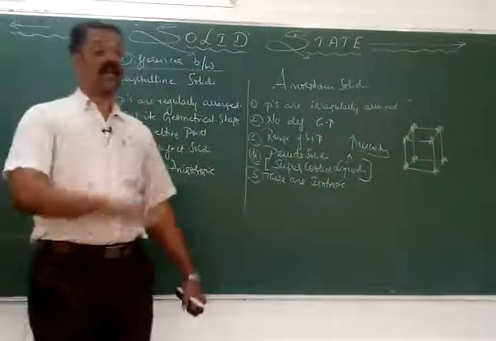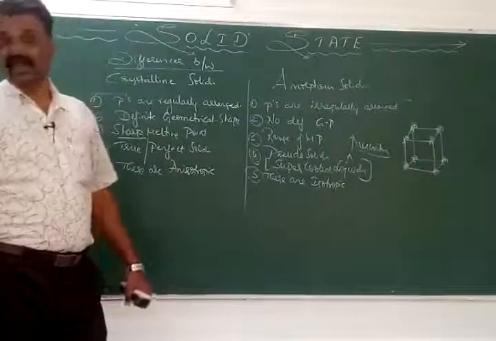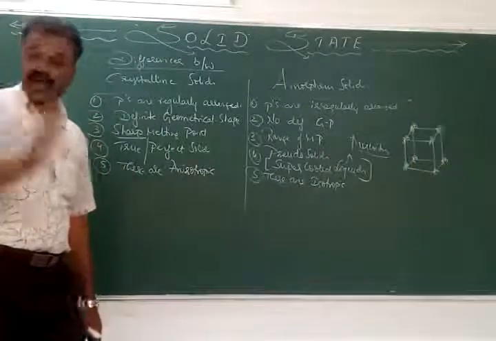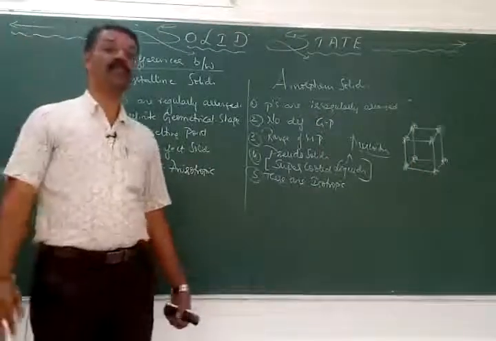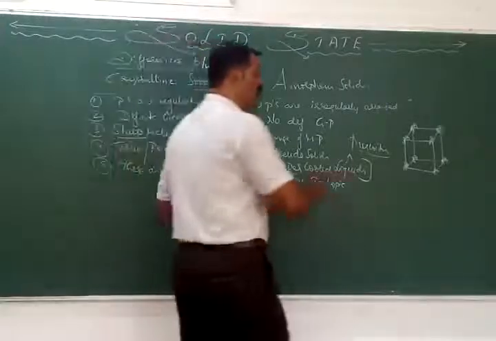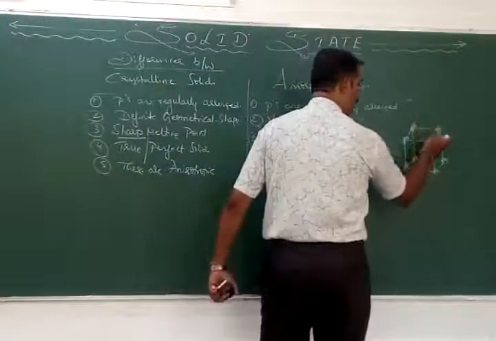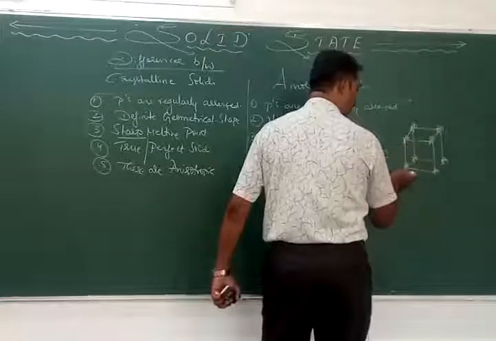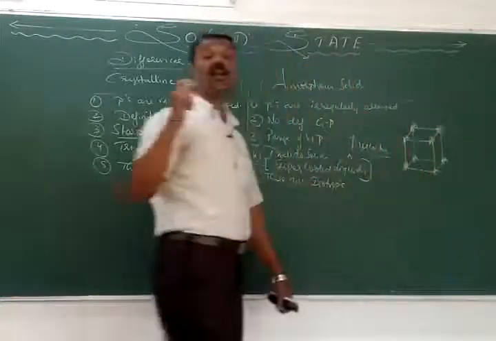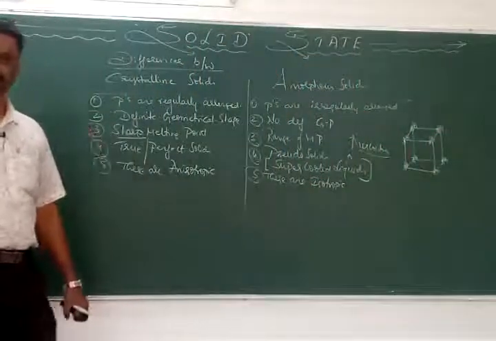Here is an example of an ionic crystal, for example AB, which has cation particles in the form of A plus and anions in the form of B minus. After A plus comes B minus, then A plus, then B minus, then A plus, so there is a regular arrangement of its particles.